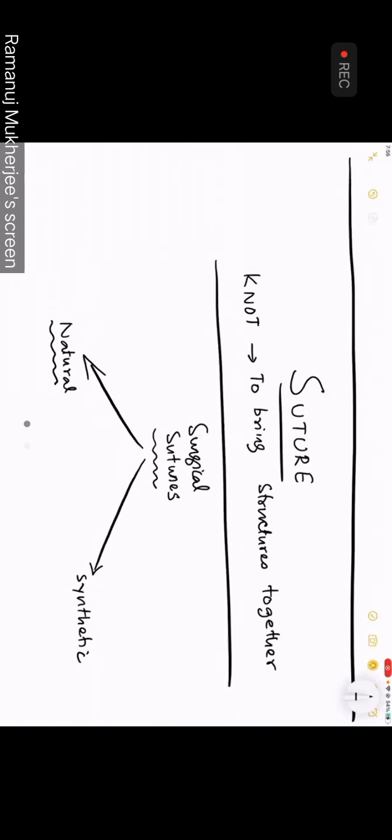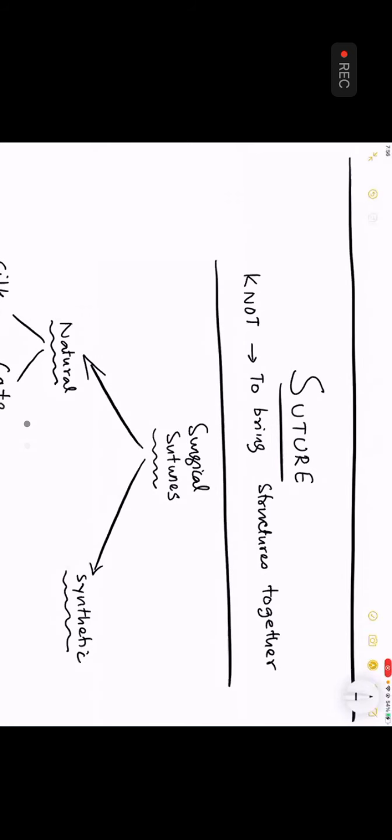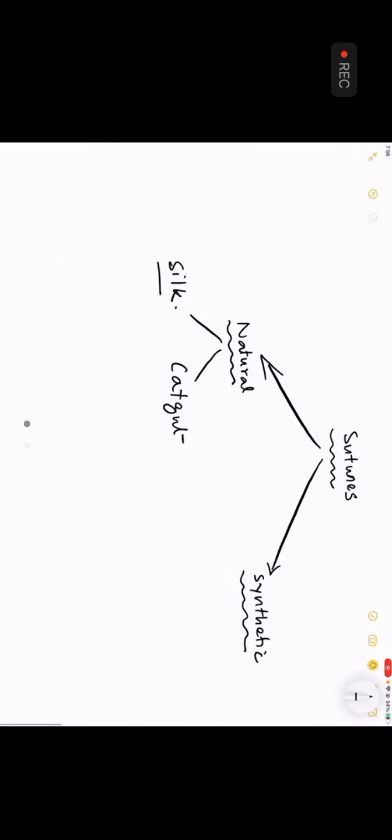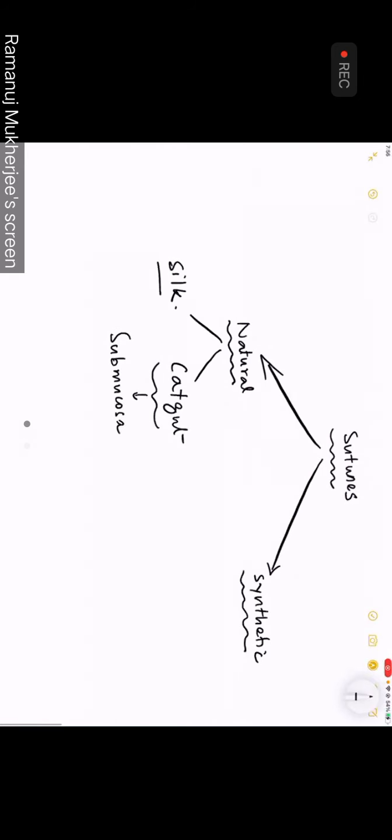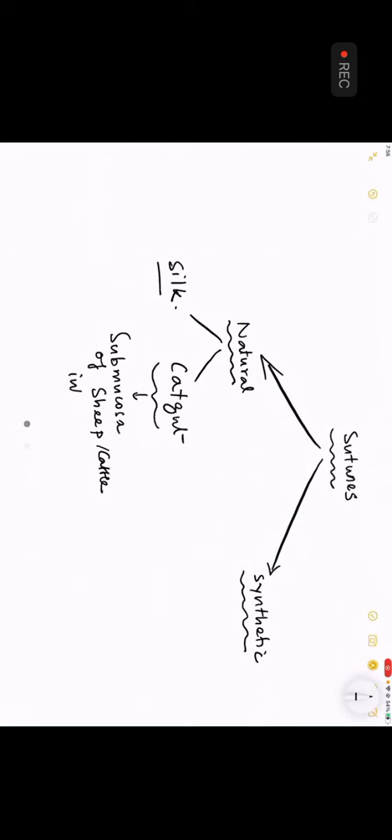The natural ones are usually silk, made from silkworm, and catgut, not made from cats, but made from the submucosa of sheep or cattle intestine.